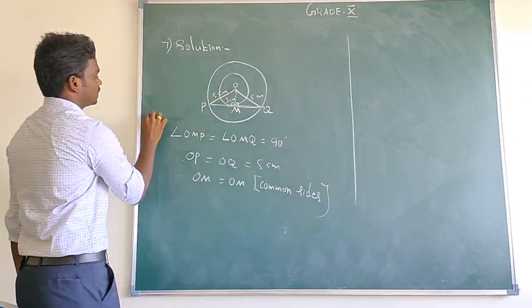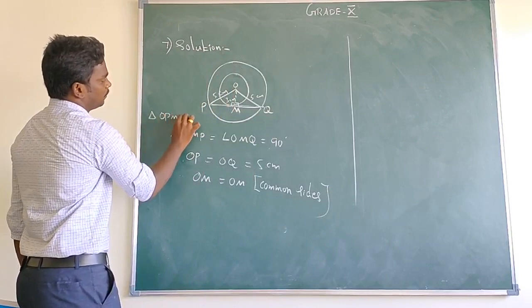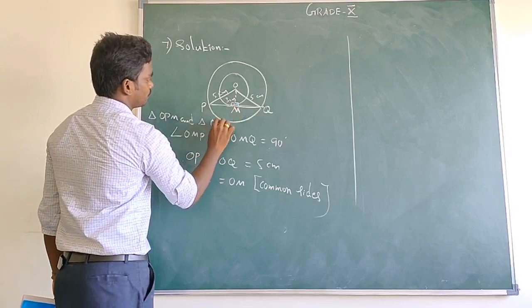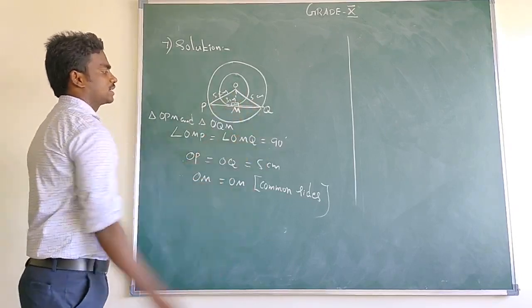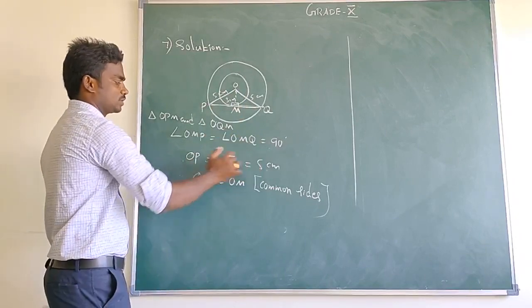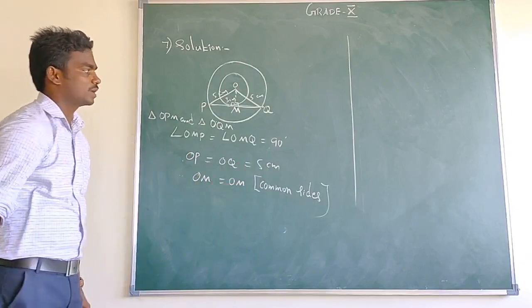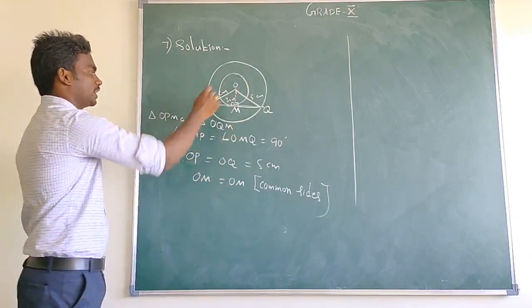This is the common side for triangle OPM and triangle OQM. For these two triangles, the angles of 90 degrees are the same, the two sides OP and OQ are equal to 5 centimeters, and OM is equal to OM, the common side.